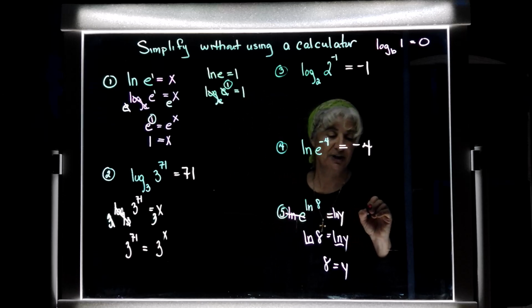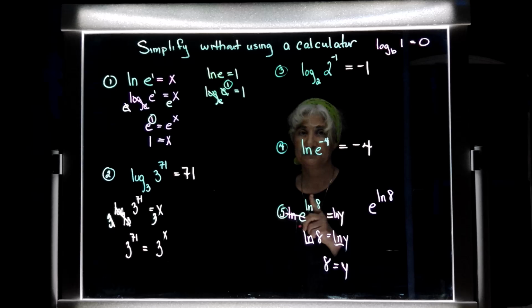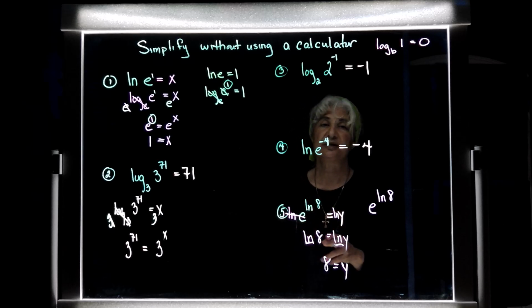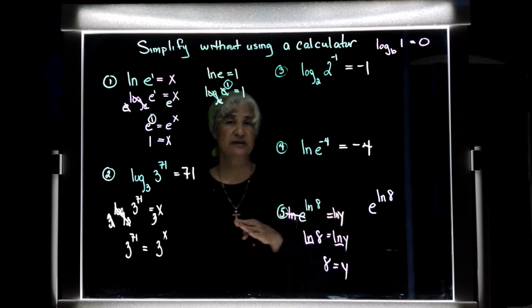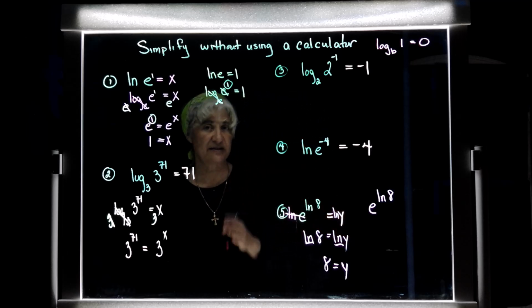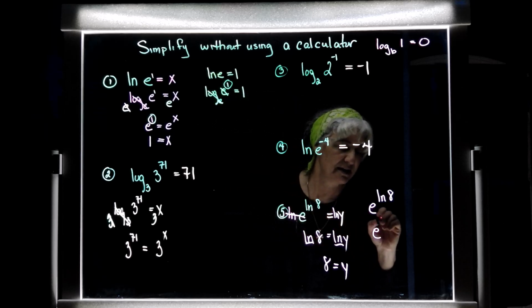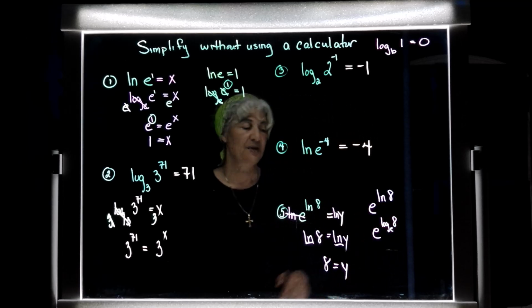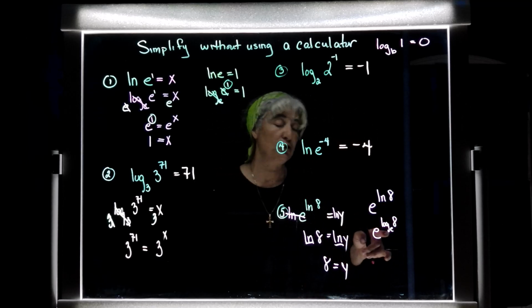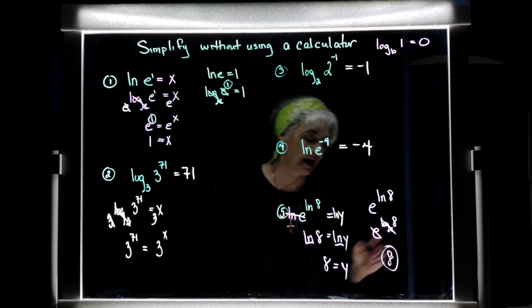So in this particular case, e to the power of ln of 8. Remember what we mentioned. Exponential functions and logarithmic functions are inverses of each other as long as they have the same base. Isn't ln just log base e? Exponential base e, log base e, they drop out, they leave me just the power.